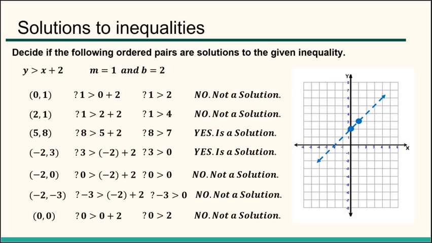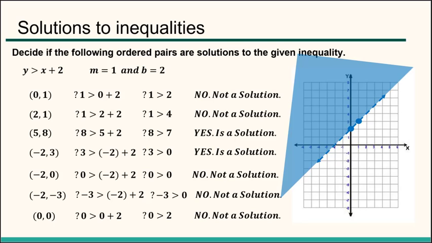Now I drew a dashed line because y cannot equal this line. So this is kind of like my boundary line. And I see that my y is greater than this line. So I'm going to shade above.